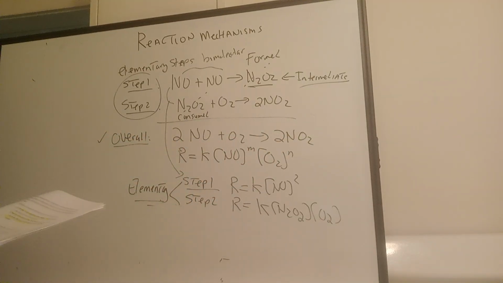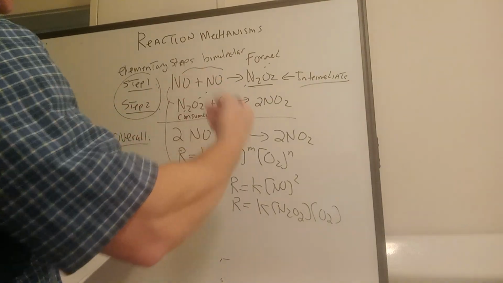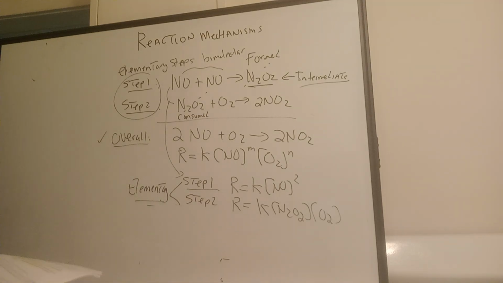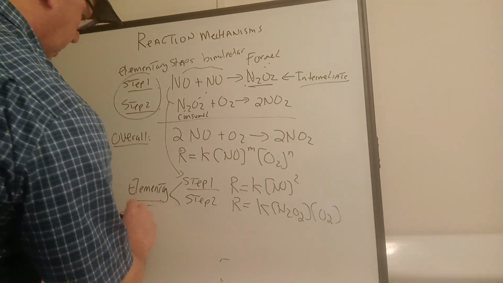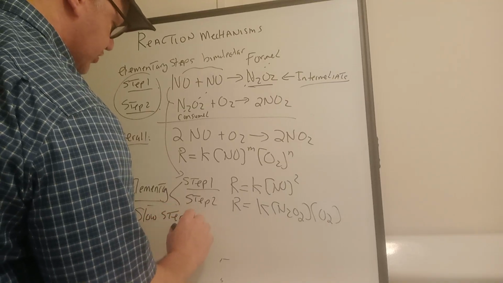The other thing, and this is very much an oversimplification, is that sometimes what we have is a whole host of steps, and one step is much slower than the others. The slow step is the rate determining step.